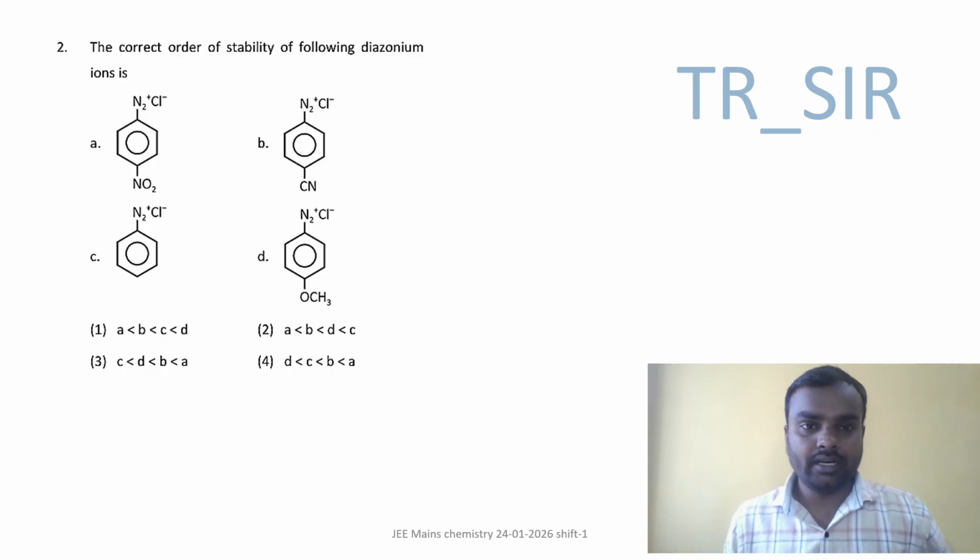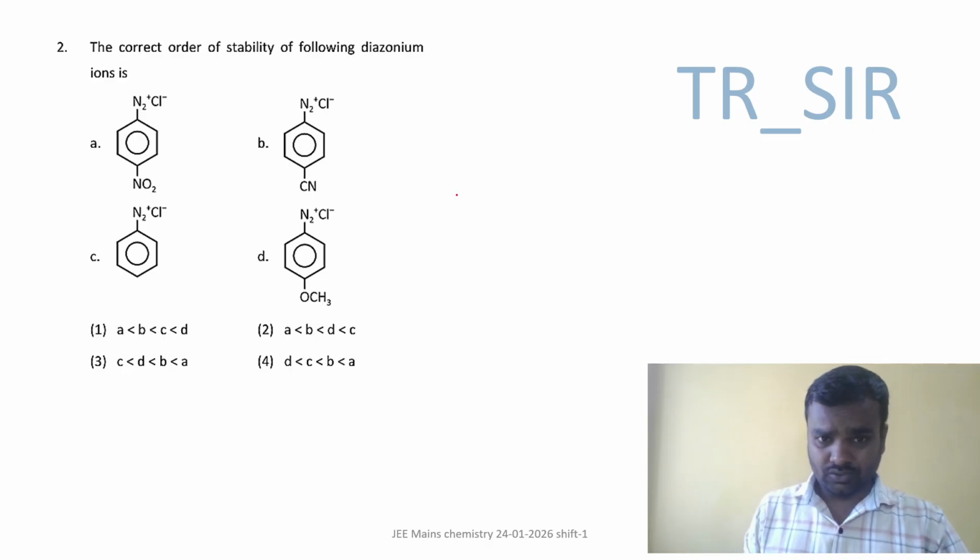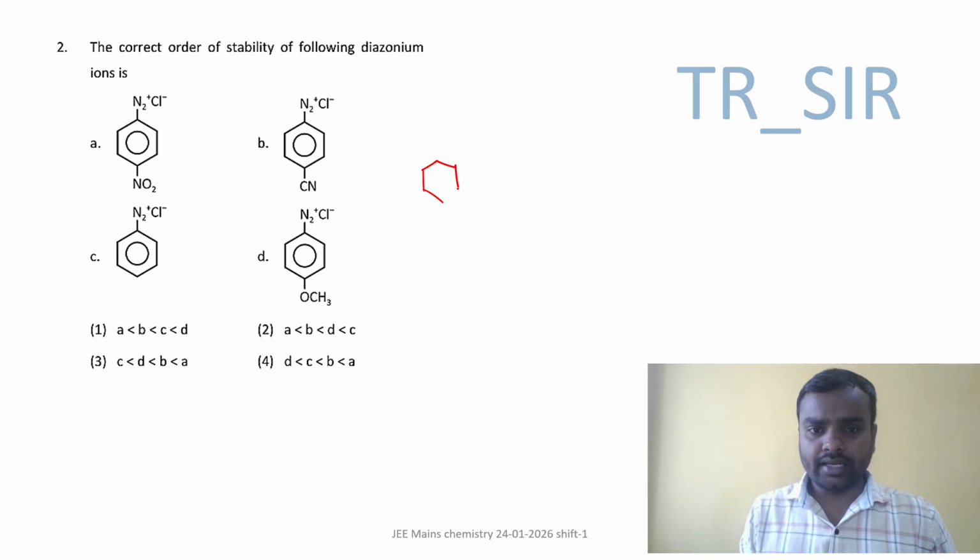The correct order of stability of the following diazonium ions. Let us take diazonium chloride: N2 positive, Cl negative.